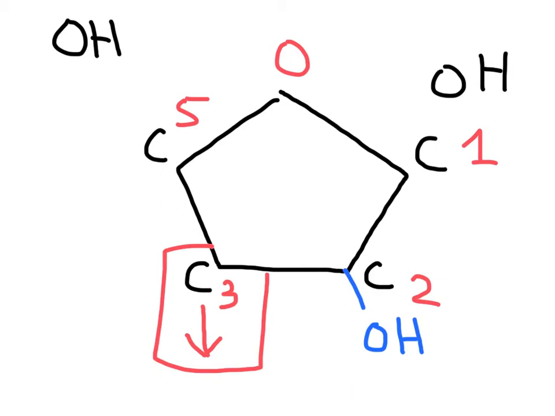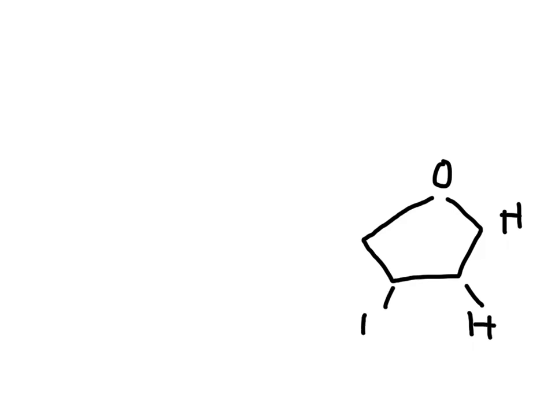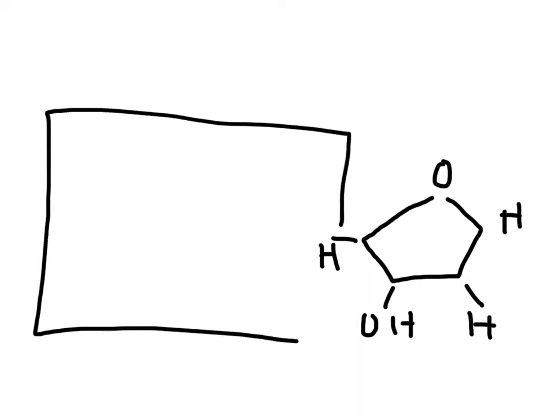So let's make another one. Let's say the sugar is deoxyribose. So it's a tiny little sugar right here. It has an H because it's deoxy. What's going to happen in this box right here? Because this is obviously the phosphate group, it's going to have a CH2.